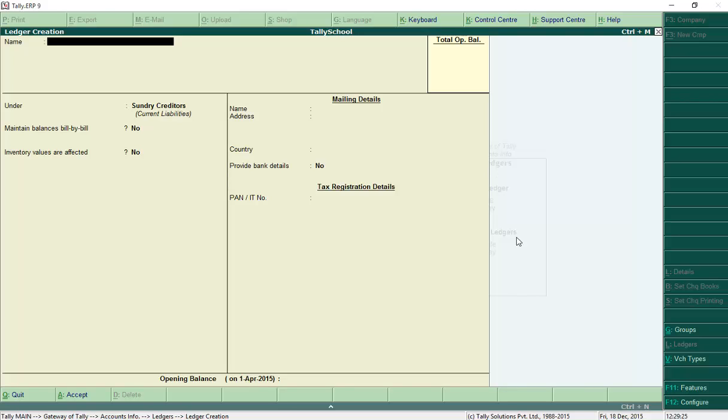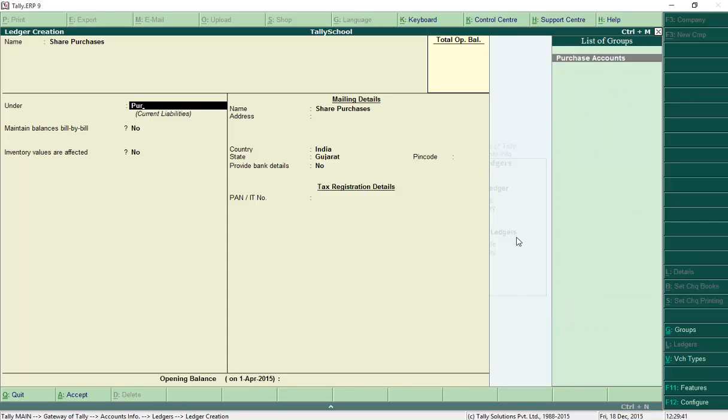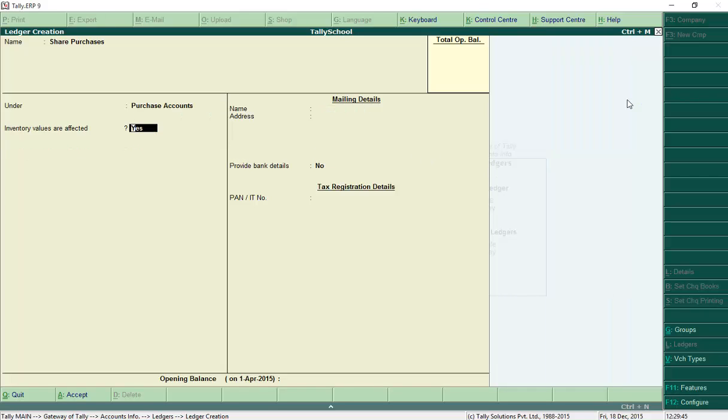Okay, and now the second ledger we'll create is share purchases ledger, with the help of which we will purchase the shares. So we'll write share purchases, and it will be under purchase accounts because we are purchasing shares. So from the list of groups, select purchase accounts.